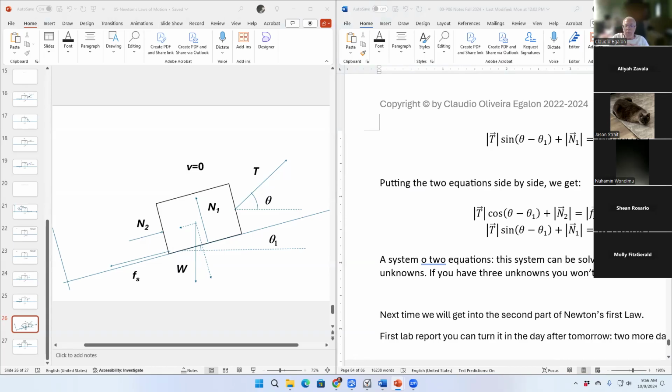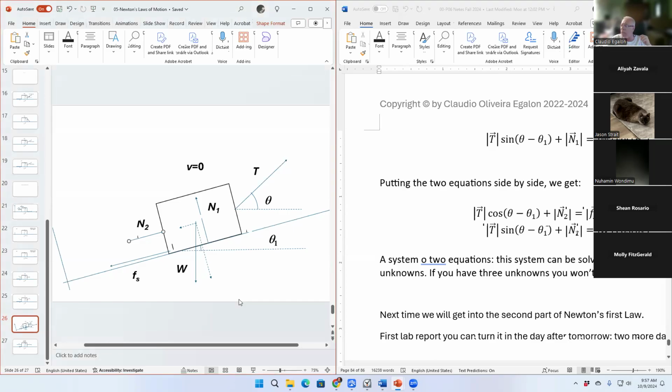Why is that? By regular forces, I mean the forces that are always there. The weight is always there. If the mass is in contact with the surface, then the normal is going to be there as well. Always going to be there. What is not always necessarily there is the tension and this other normal.